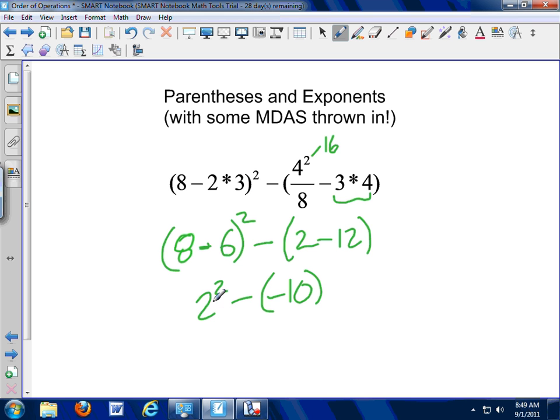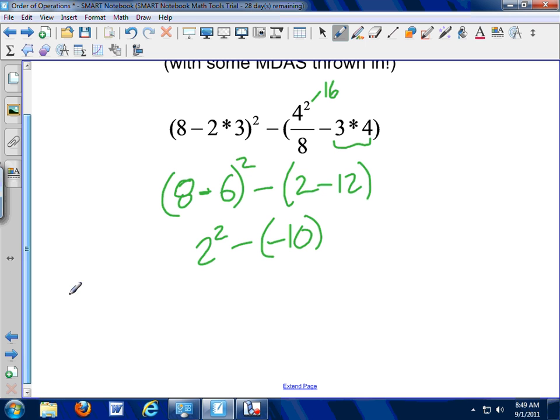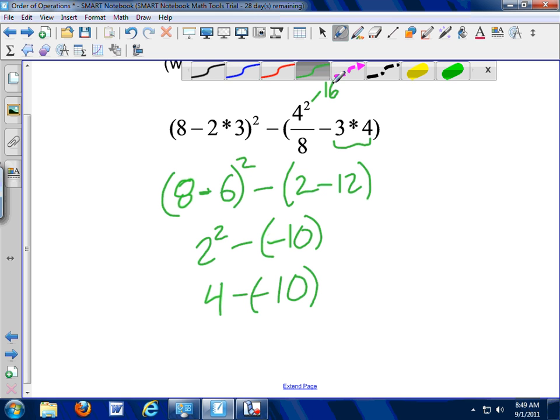Okay? Now I've got to release the parentheses. I've got an exponent to deal with. 2 squared is 4. I've got 4 minus negative 10. So we've got subtract a negative. Minus a minus, whatever you like to do. So I just look at it. I've got a minus, I've got the little parentheses.